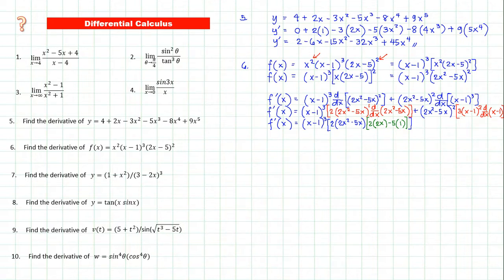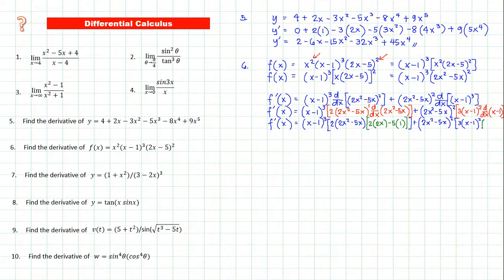Okay? Dito naman sa kabila, second term, this will be plus (2x squared minus 5x) quantity squared. Huwag natin kalimutan. Tapos, ito naman ay 3 times (x minus 1) squared. Ano ang derivative ng x minus 1?